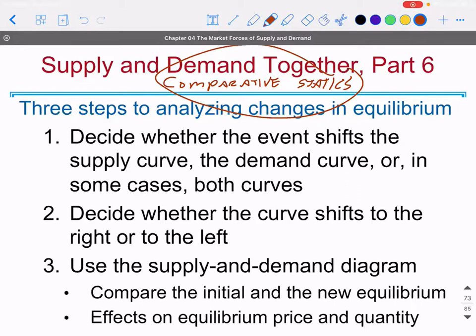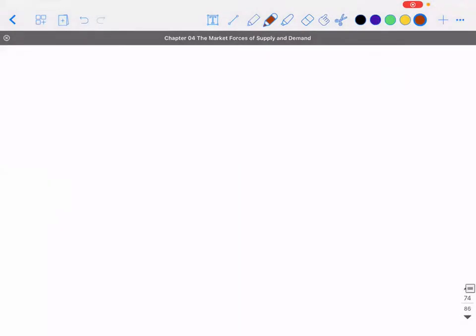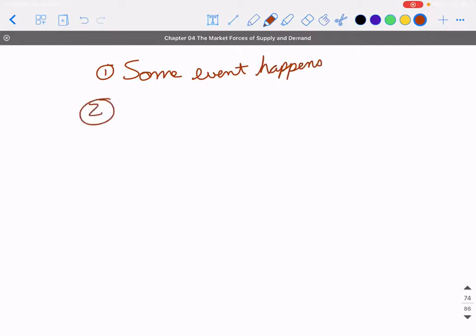Here's what we're trying to do: some event happens, and we're trying to say, what is the consequence?